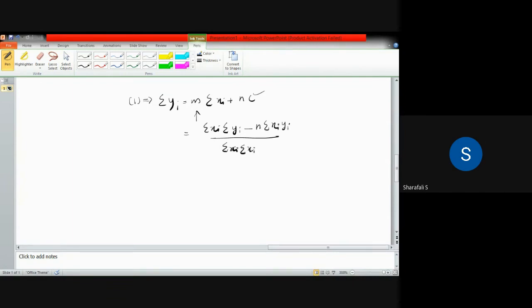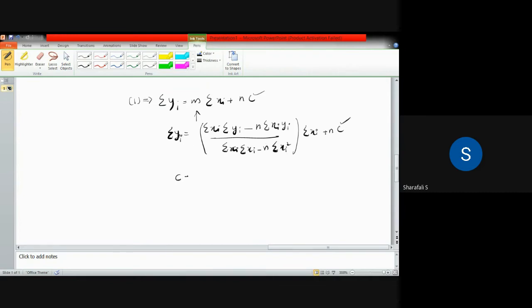You can write this as sigma xi square also, no problem with that. N into sigma xi square. So this is sigma xi whole square and this is sigma of xi square. Okay. So this you have to multiply with sigma xi plus n into c. So this is the value of sigma yi. Okay. From this you have to find out what is this c.